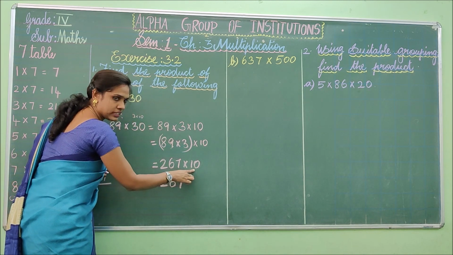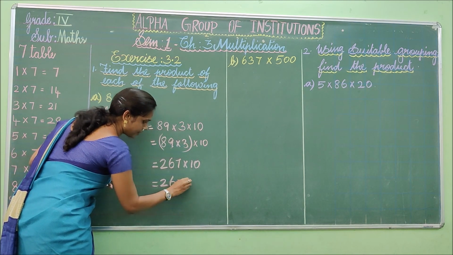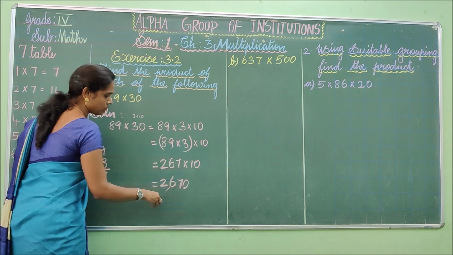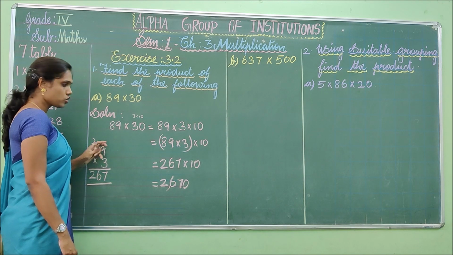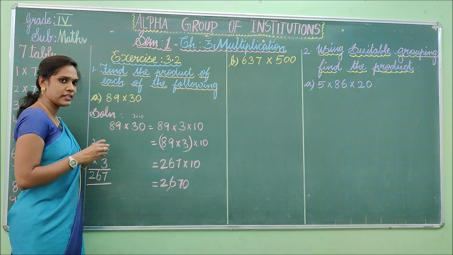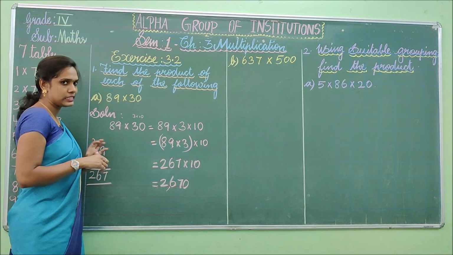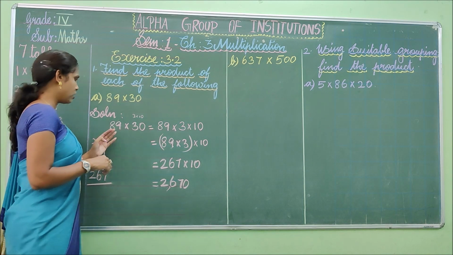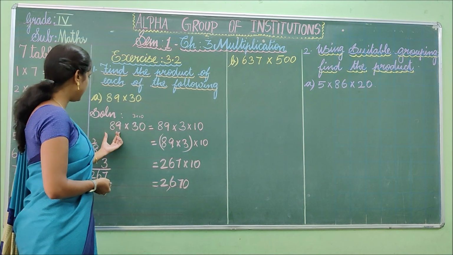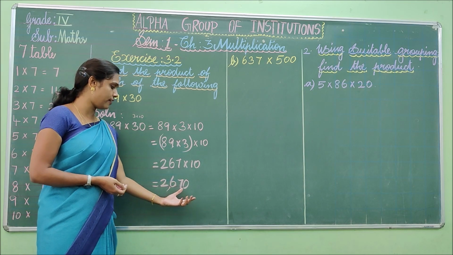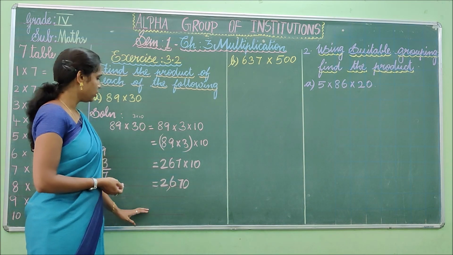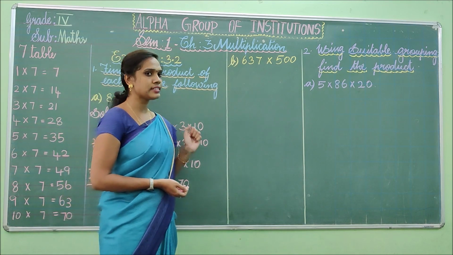Only 1 zero, so add that zero, and it becomes 2670. Like this you have to group the numbers and then multiply easily. So 89 into 30 is equal to 2670.